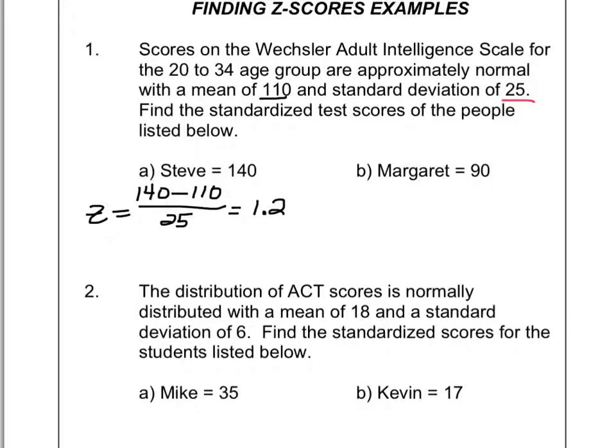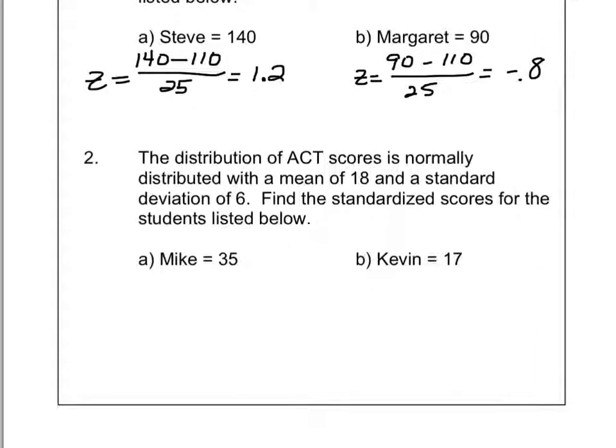You're going to see later, in the second video, where we apply that z-score. Margaret got a 90 on the test. We subtract the average of 110 and divide by the standard deviation. 90 minus 110 is negative 20, divided by 25 is negative 0.8.